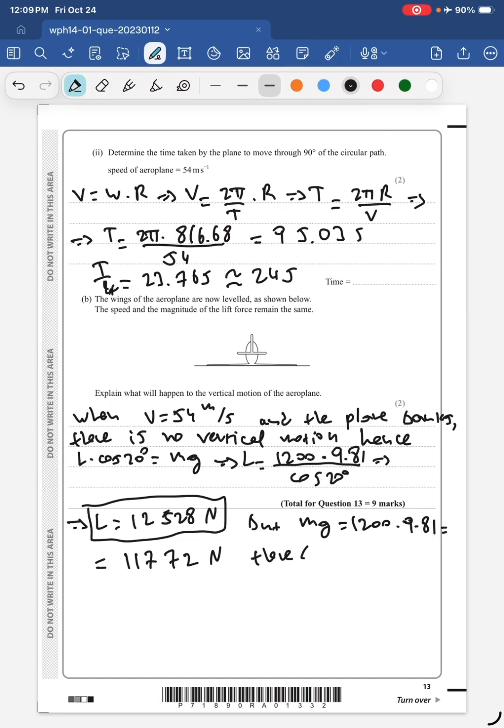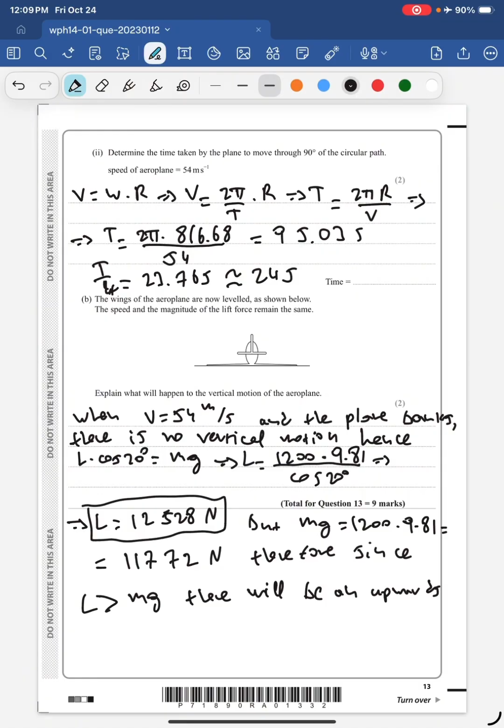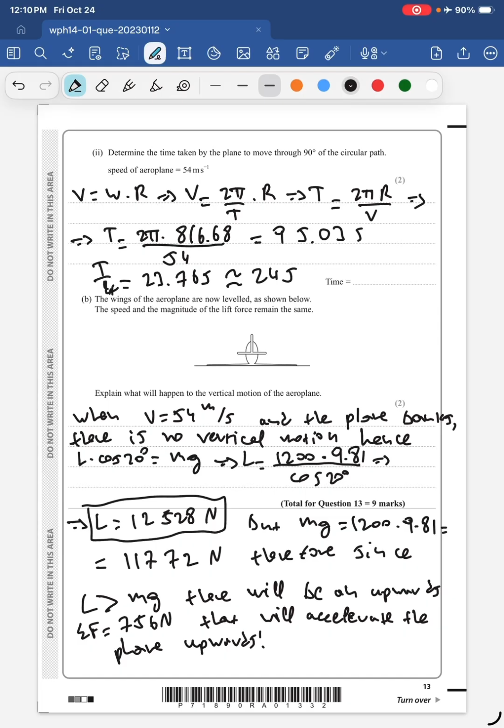Therefore, since the lift is larger than m times g, there will be an upwards resultant force, which is equal to 756 newtons, that will accelerate the plane upwards. And this is the answer.